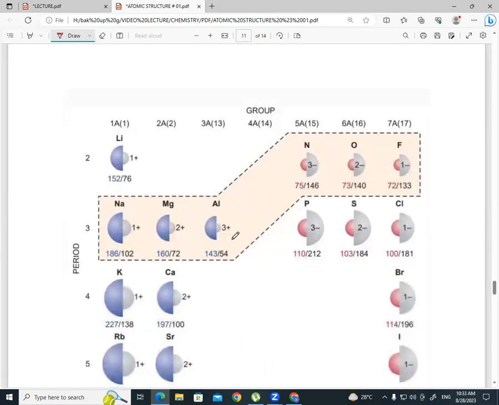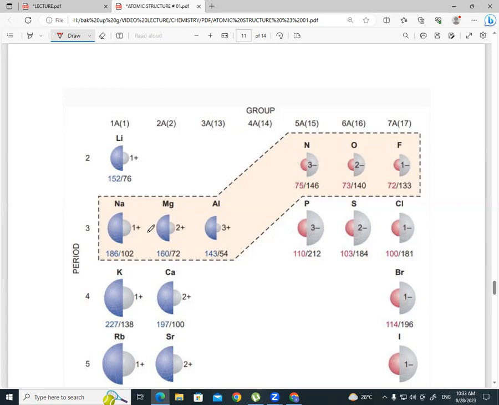So you can see here that nitrogen, oxygen, and fluorine are second period elements. After gaining electrons, they become nitride, oxide, and fluoride ions respectively, while sodium, magnesium, and aluminium are third period elements.